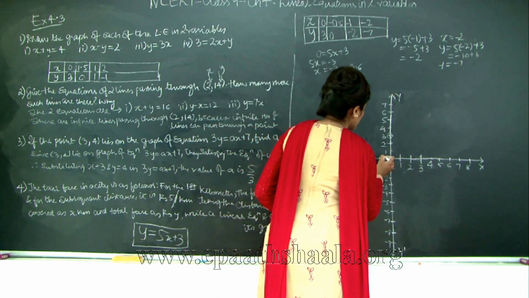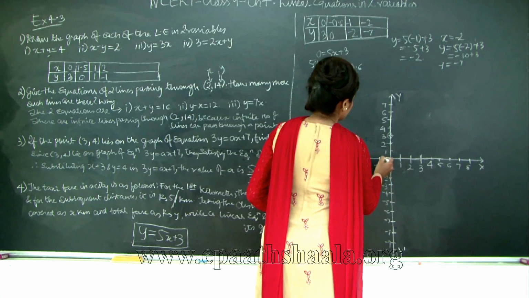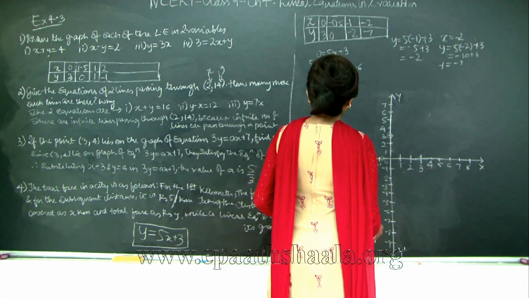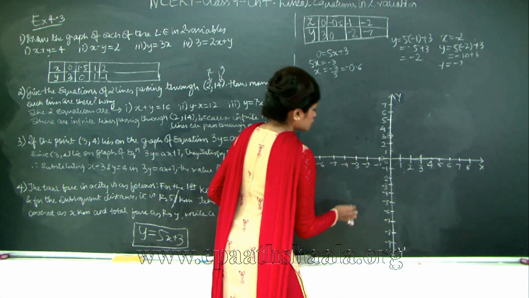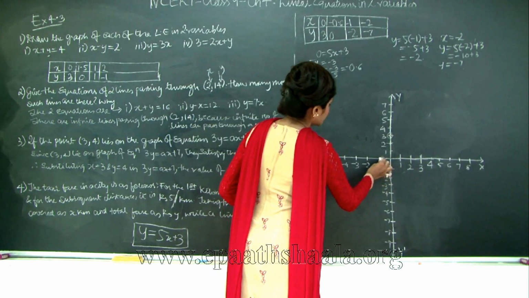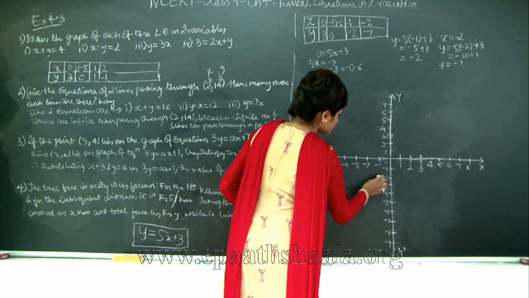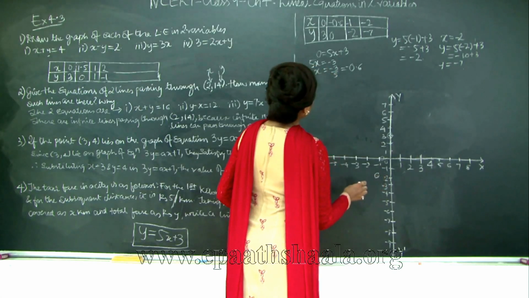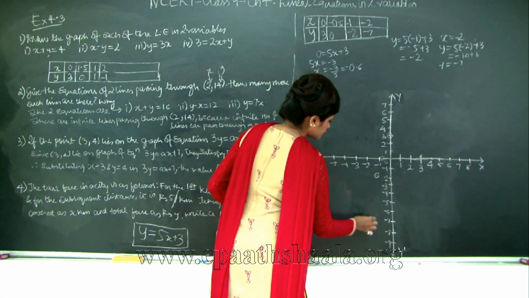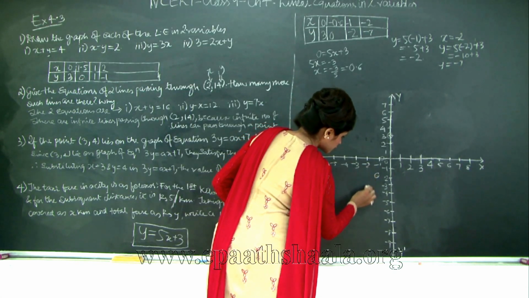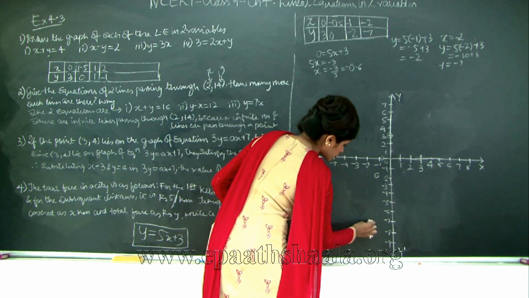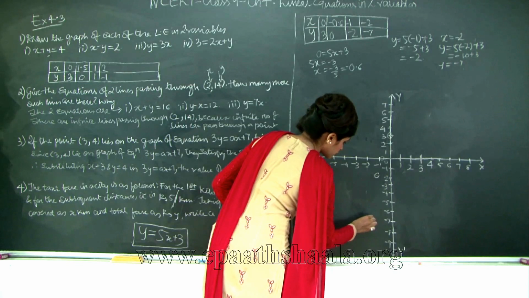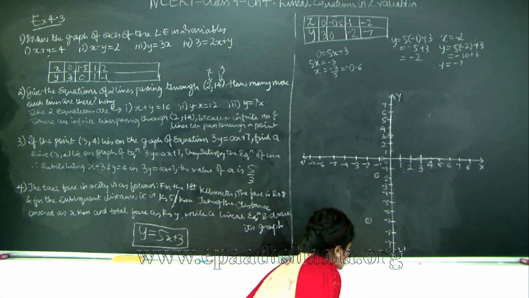So minus 0.6 is here, and then minus 1 and minus 2, and minus 2 and minus 7. So I am going to connect these points.